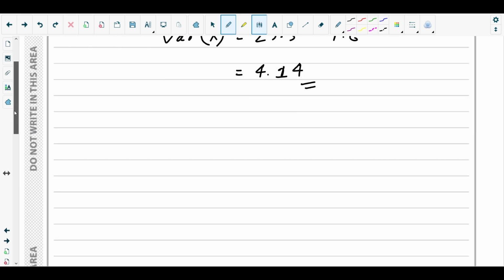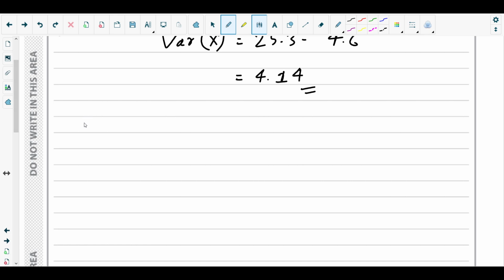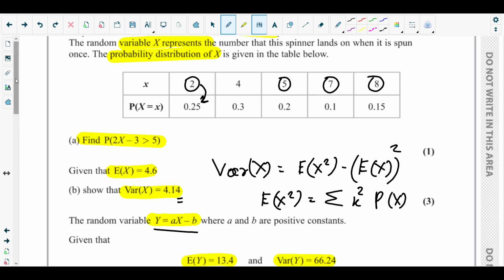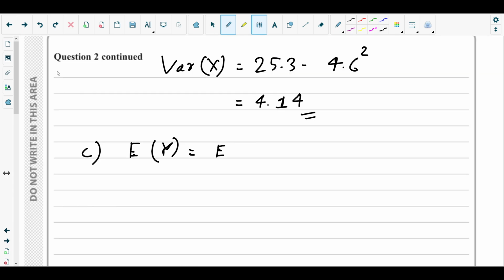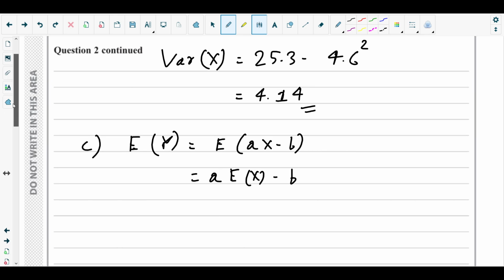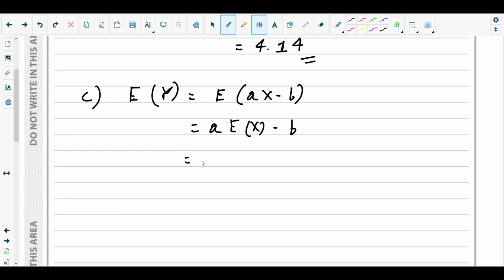So the expectation of y can be written as the expectation of ax minus b. This is a times the expectation of x minus b. The expectation of x is 4.6.